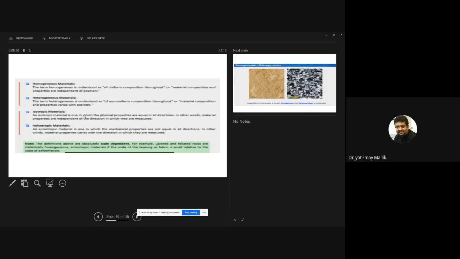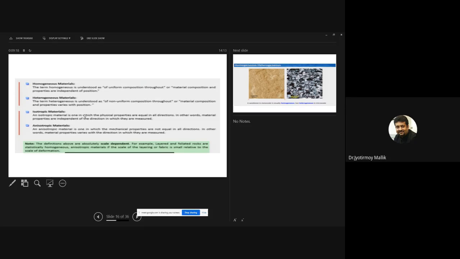Now what you have to remember is that a particular material can be homogeneous with respect to one of its properties, but might not be homogeneous with respect to all of its properties. For example, a material can be made completely of quartz, but it can have different crystallographic axes in different layers.